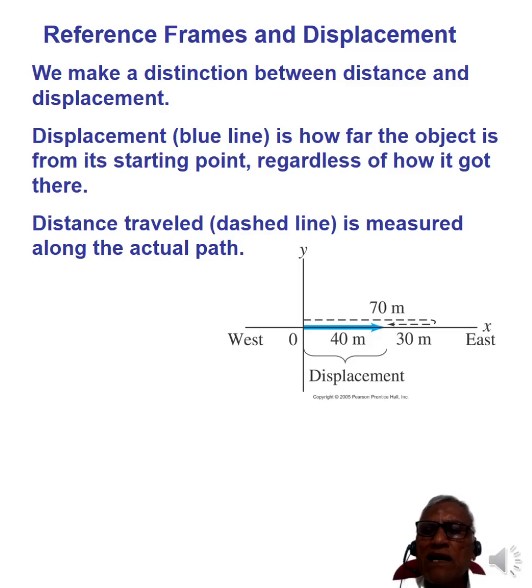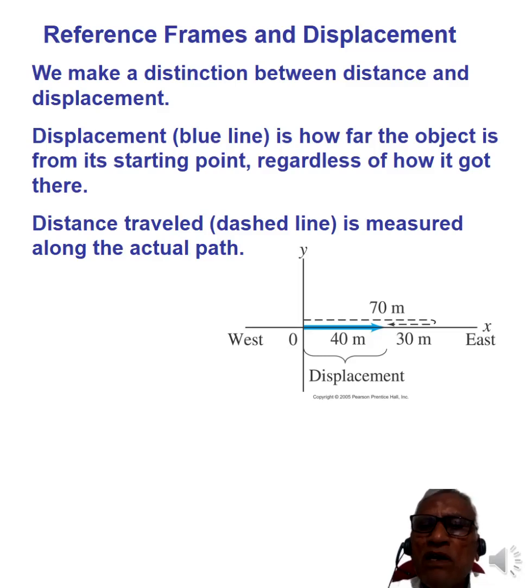Distance is a scalar quantity because we only see the magnitude. There is no direction; we don't say plus or minus. Whereas the displacement has both magnitude and direction. If the motion is only in one direction, with no change in direction, then the magnitude of displacement will be the distance.